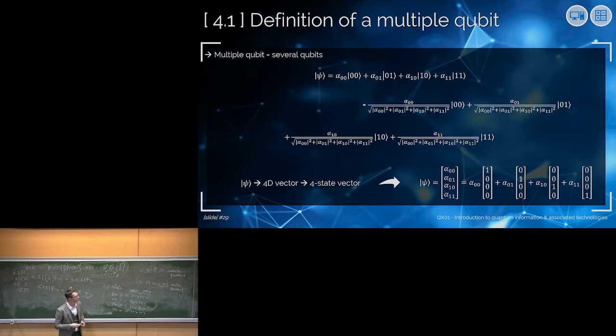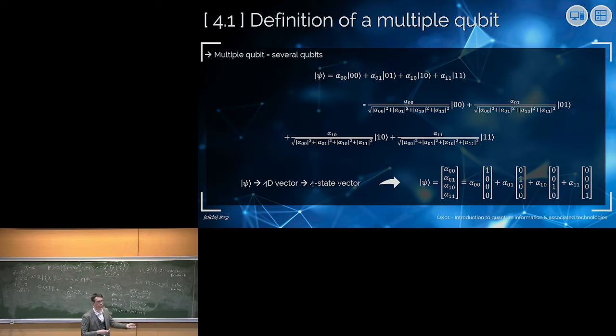Before I forget, there is one way of writing the 2 qubits and then more qubits, and that is to link it to binary. Imagine that this is a 2-bit binary. In order, you have 0, so that's 0, 0.